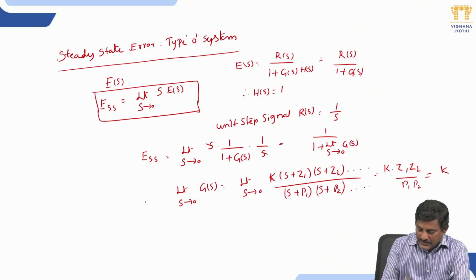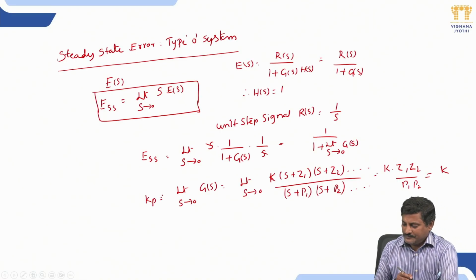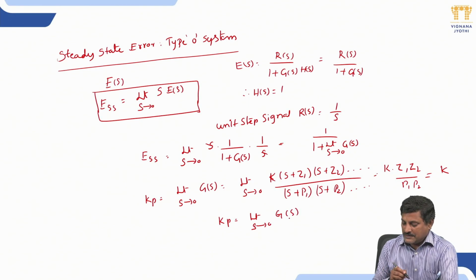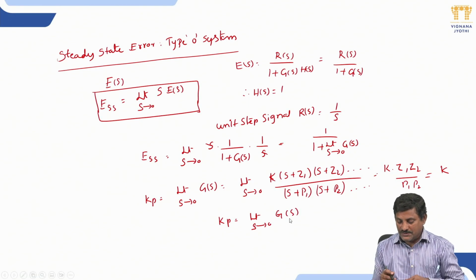This is called as Kp, which means Kp is limit S tends to 0 G of S, where G of S is the type 0 system.